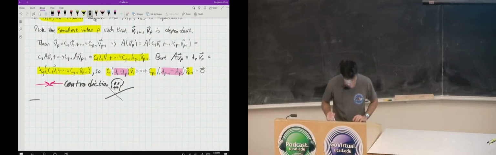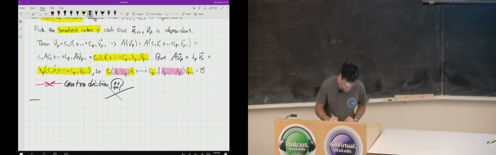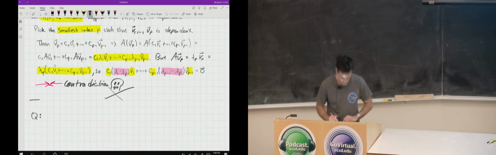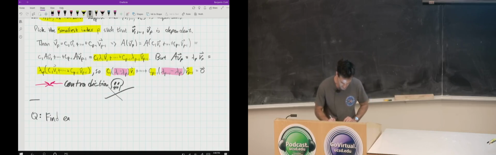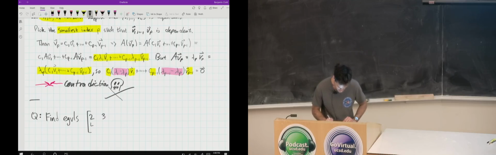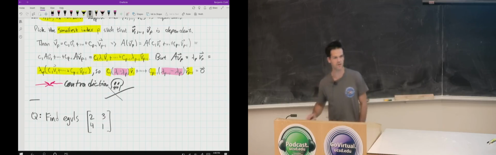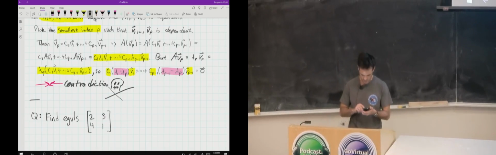Now, I'm not going to have time to do similarity. I think we can do a quick little quiz question. Let's see if you can tell me the eigenvalues for this matrix on Socrative, then you can go. Okay, let me start the quiz.